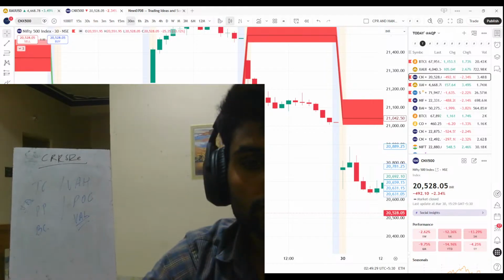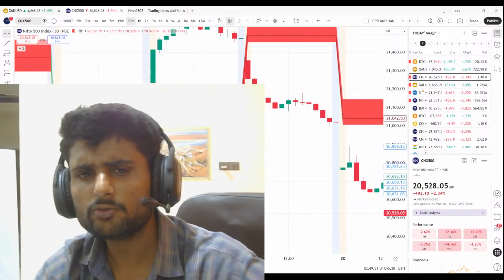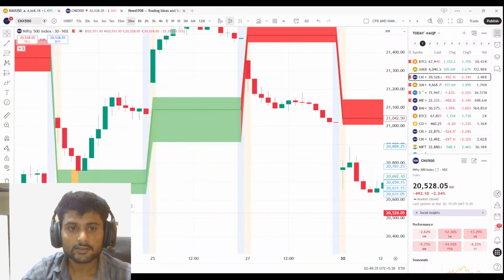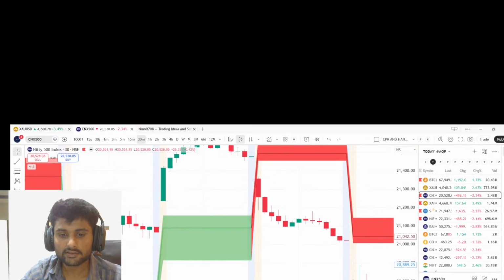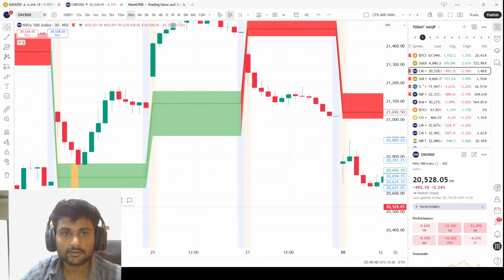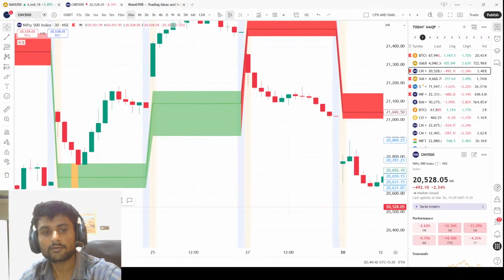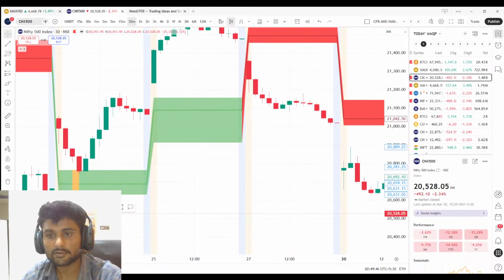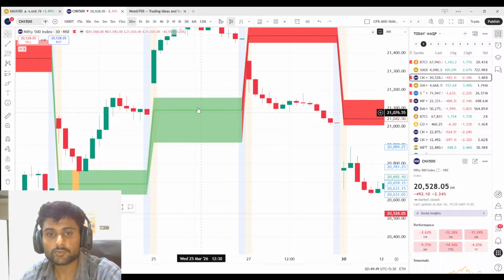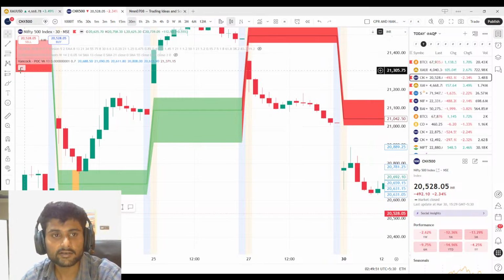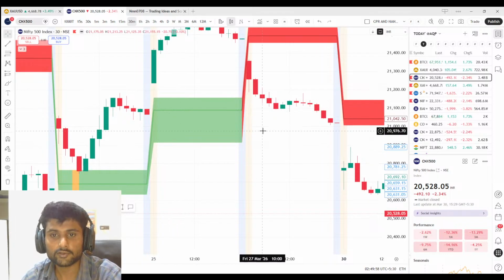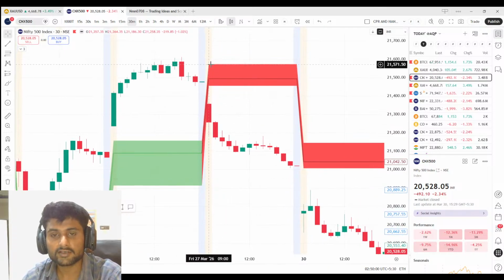Now let me explain it better in the chart, how you can see it on the screen. This is how you see it on the screen. When you put this indicator, the upper line is called Value Area High, this is called POC, this is called Value Area Low. These 3 lines are fixed.